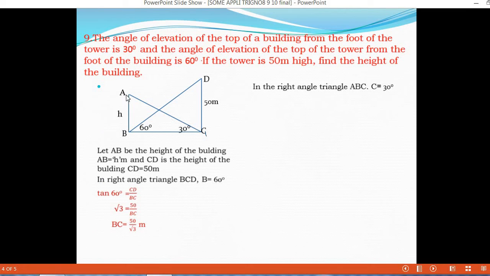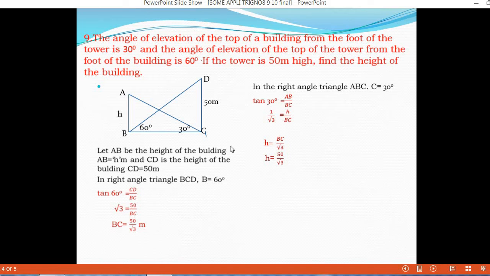So in the triangle ABC, angle C is equal to 30 degree. Tan 30 is equal to AB divided by BC. Tan 30 is 1 by root 3, is equal to AB, which is nothing but the height of the building H, divided by BC. Therefore H is equal to BC divided by root 3.